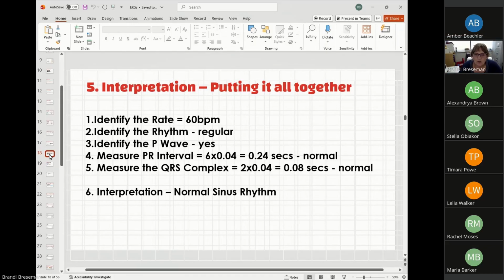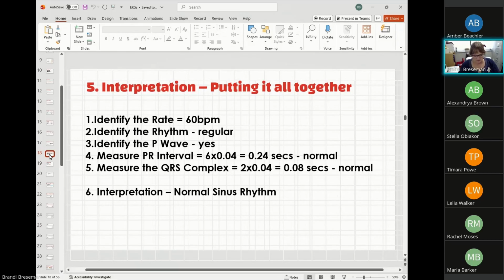So if you go through and your rate is between 60 and 100 beats a minute, your rhythm is regular, you have an upright P wave in front of every QRS, your PR interval is between, they've changed them.